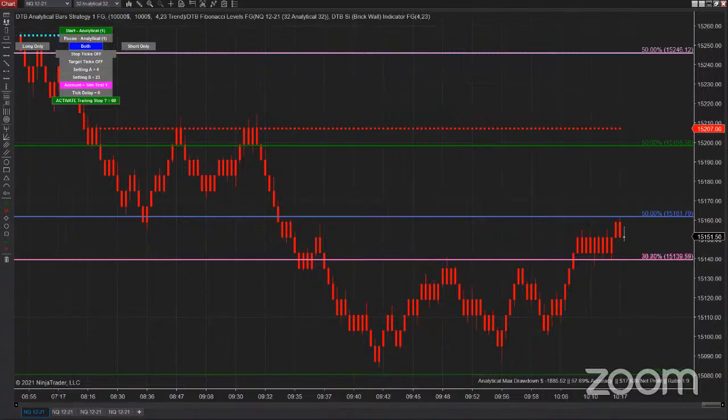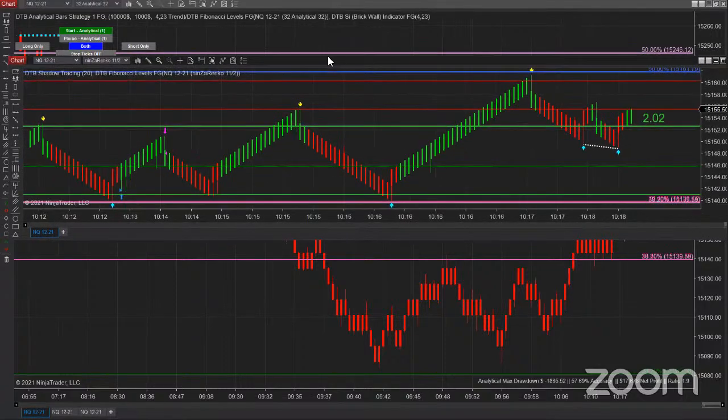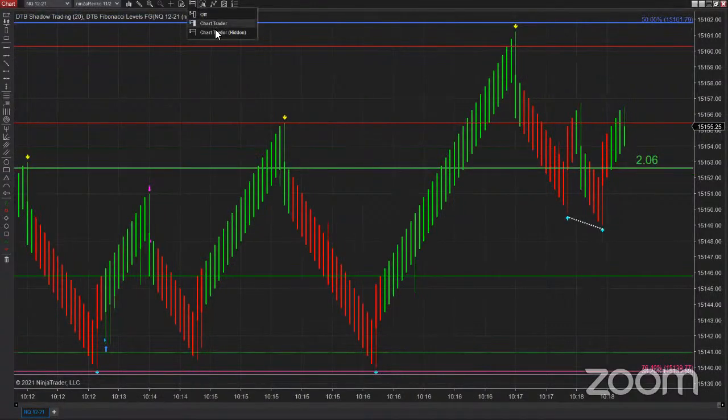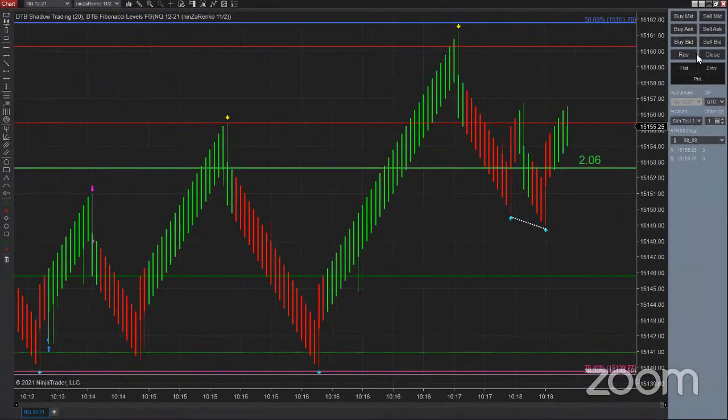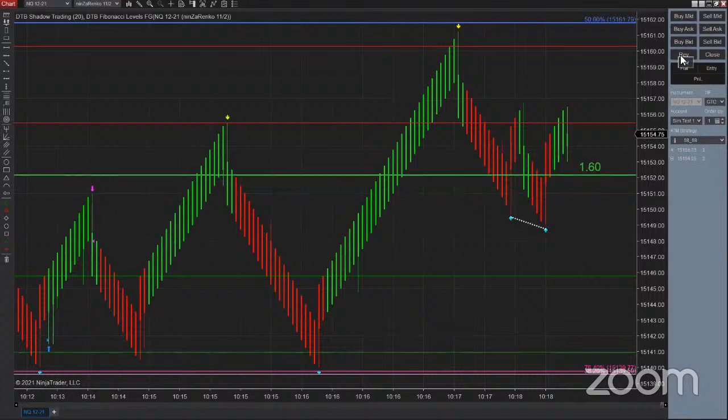If you want to enter manual positions, you just got to move this to a new window, but you still never want to be using the close button on there. It will impact the strategy.